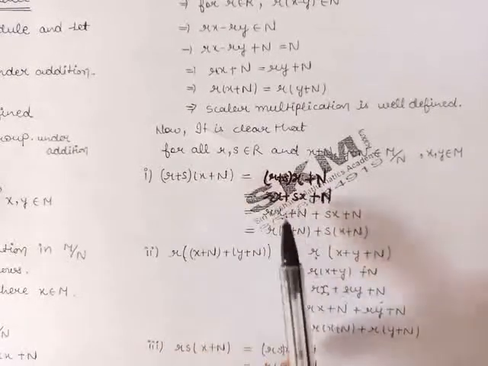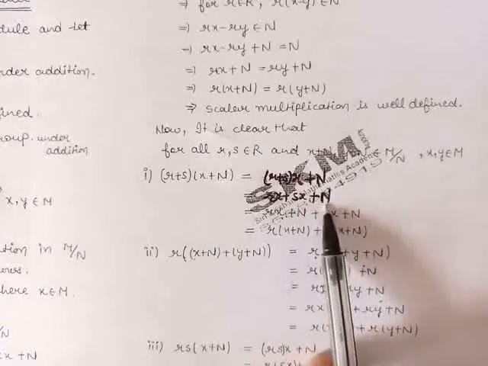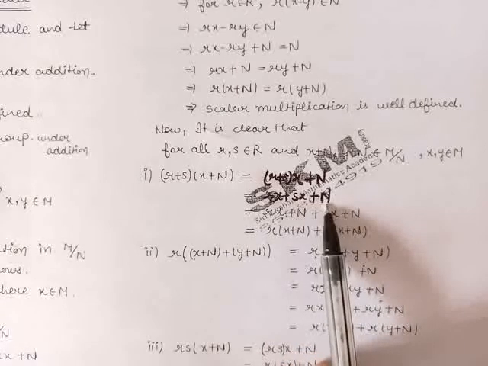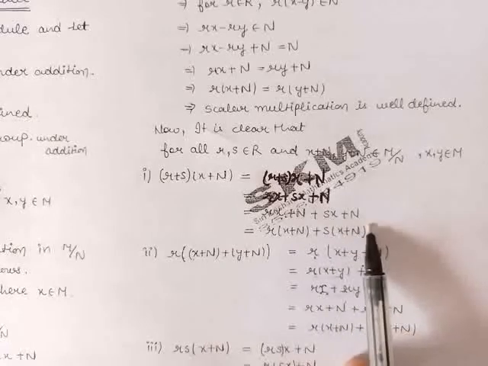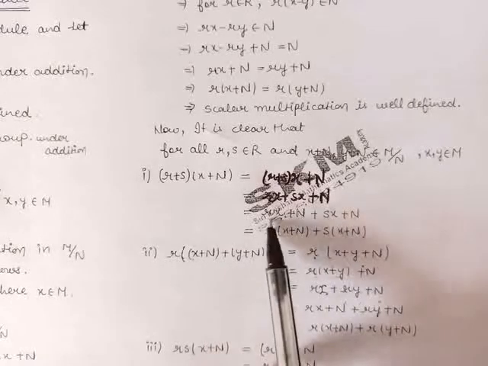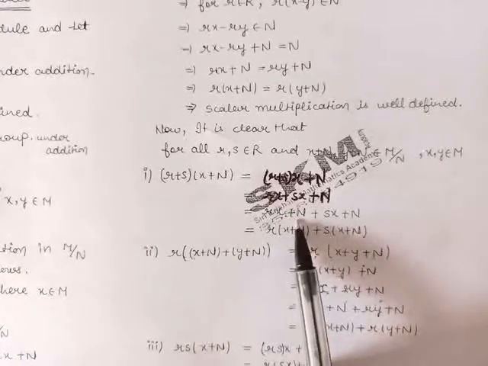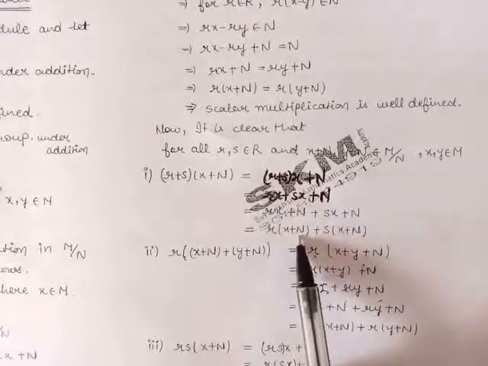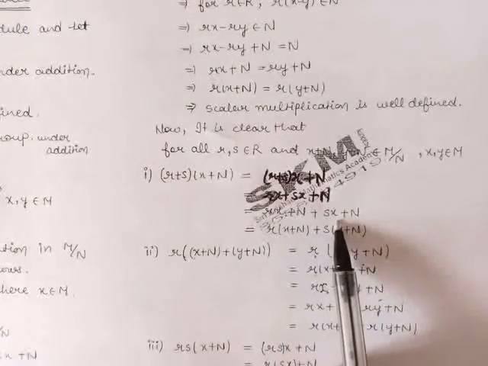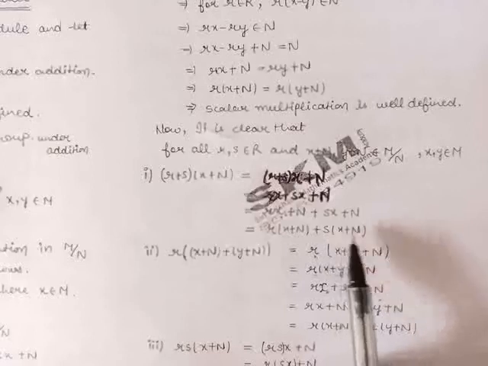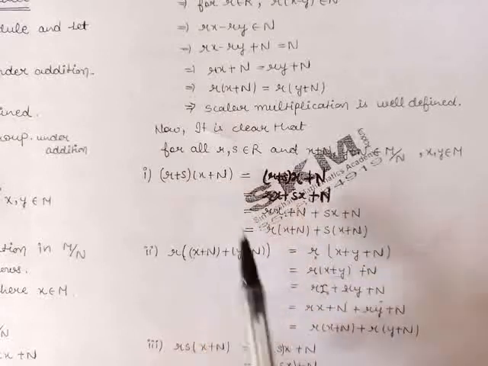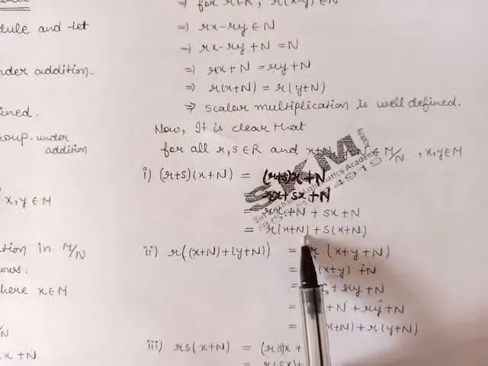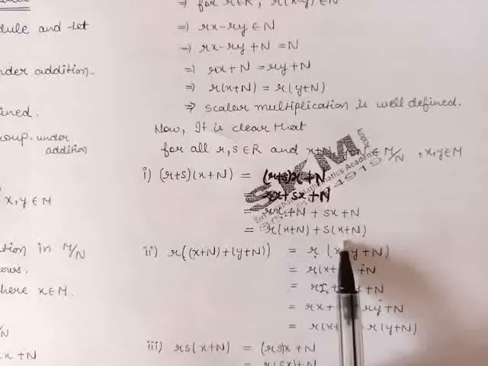So this element becomes (rx plus sx) plus N. Now by definition of vector addition, which we defined in M by N, this can be written as (rx plus N) plus (sx plus N). Again, by definition of scalar multiplication, rx plus N can be written as r into (x plus N), and sx plus N can be written as s into (x plus N). So we have proved (r plus s) into (x plus N) is equal to r into (x plus N) plus s into (x plus N).